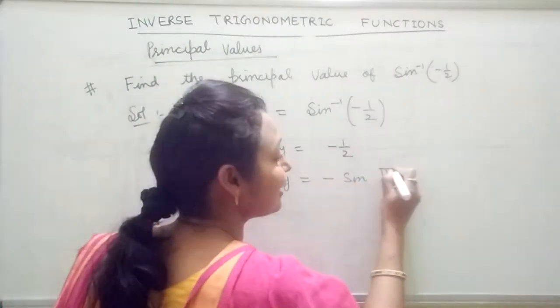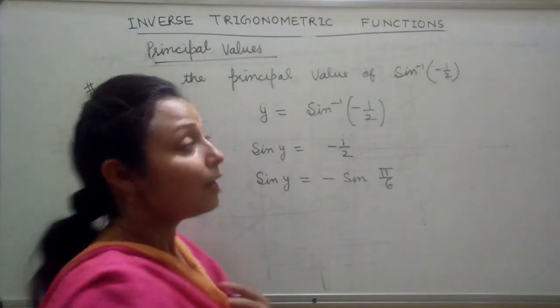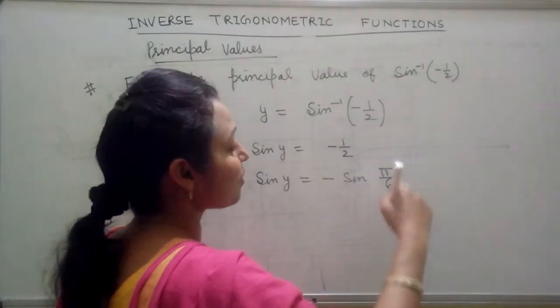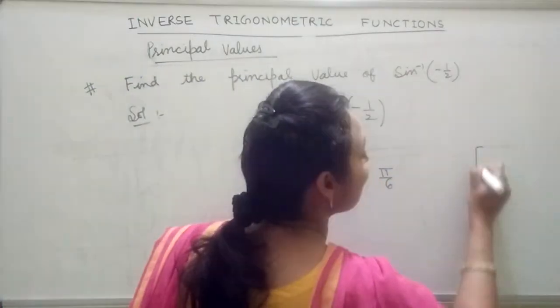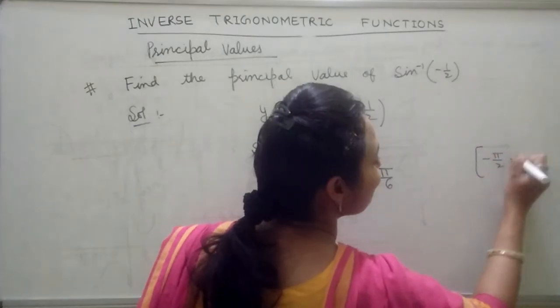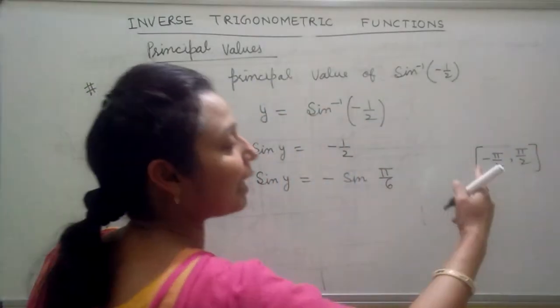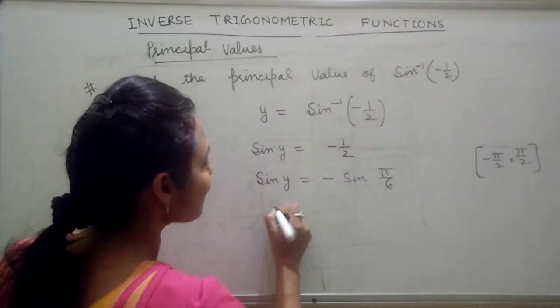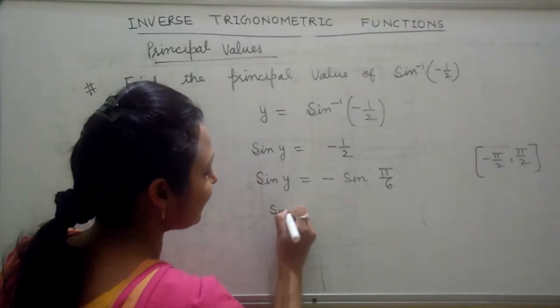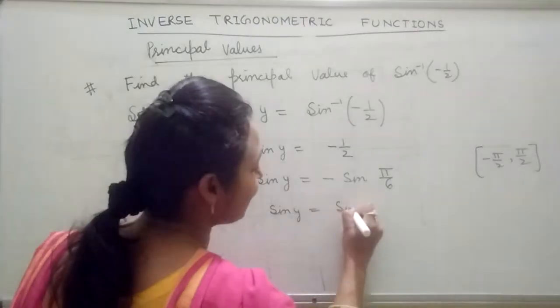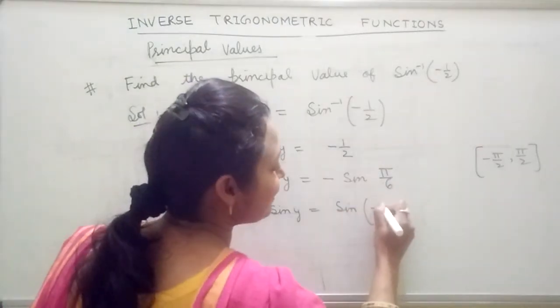That is pi by 6. We want the value between minus pi by 2 and pi by 2. So we have sine y equals sine of negative pi by 6.